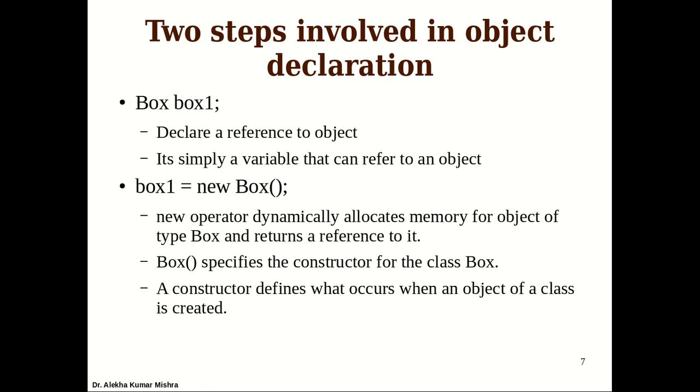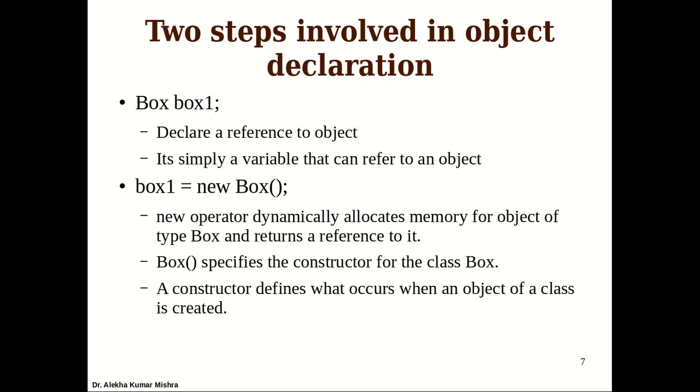It only happens when you use box 1 equal to new Box. In this step, the new operator dynamically allocates memory to the object of Box and returns the reference to it. So only after this particular statement is box 1 going to hold a reference to a memory where an object is actually created.